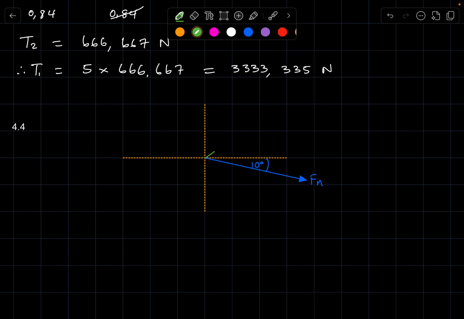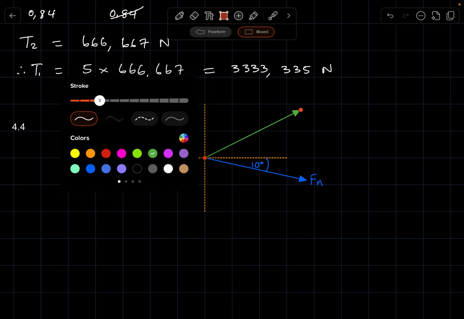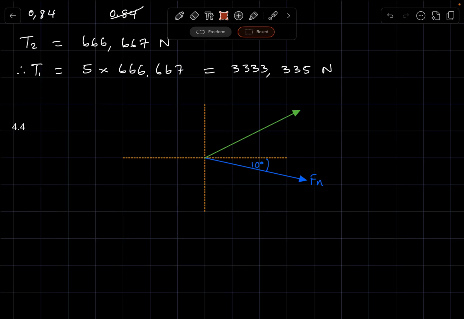Right. So our belt force is acting somewhere there. So this is our belt force.